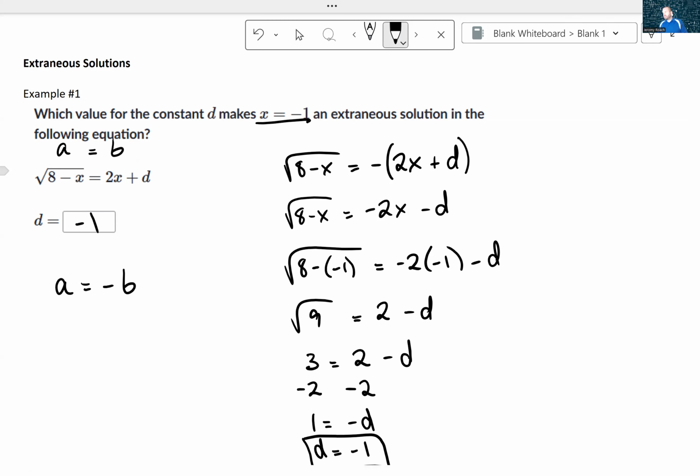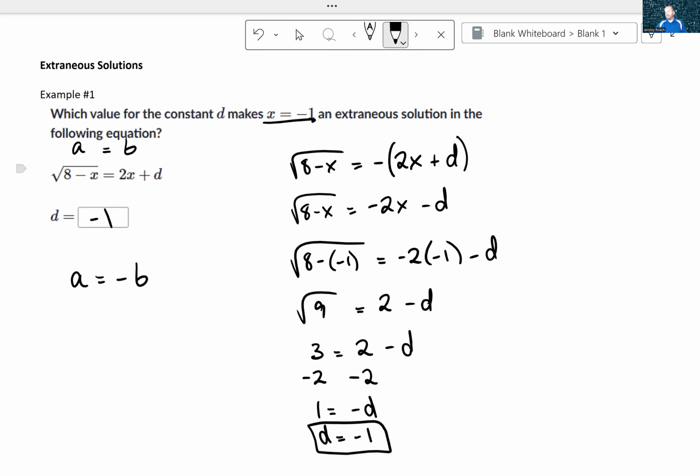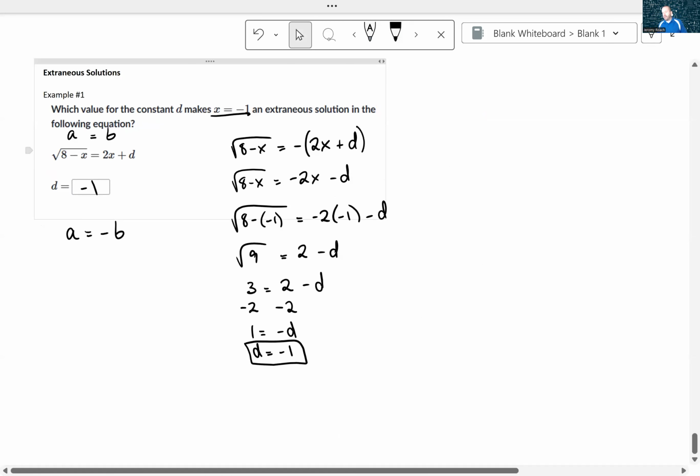There is a way that we could show that this is an extraneous solution. If we go back and plug D equals negative 1 in, we should get answers for x.